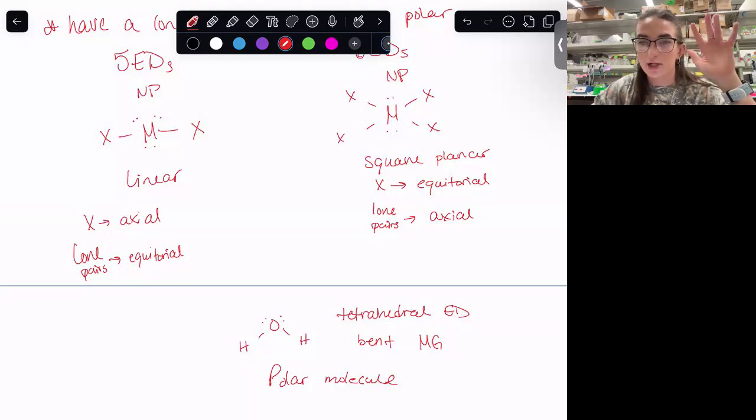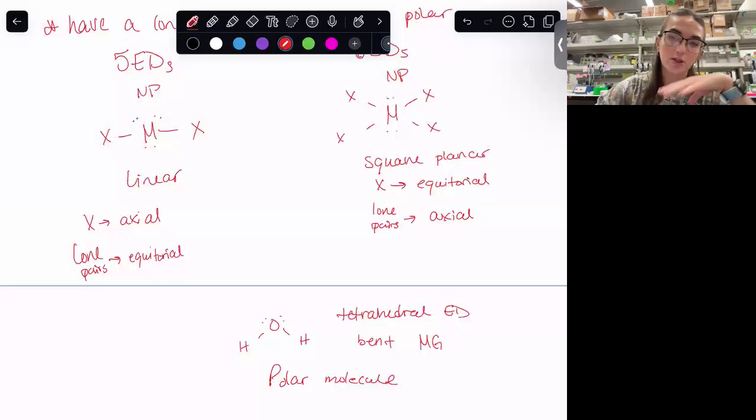Then everything underneath it: square pyramidal, seesaw, bent, T-shape, all that fun stuff. So just make sure you are remembering those as well.